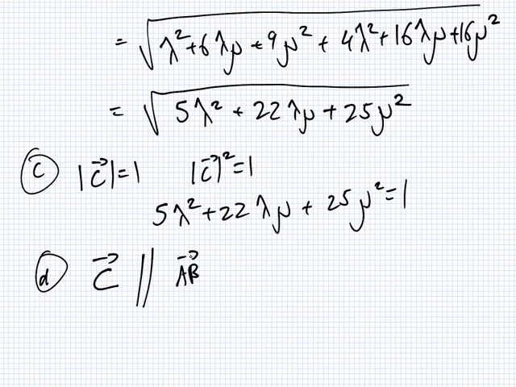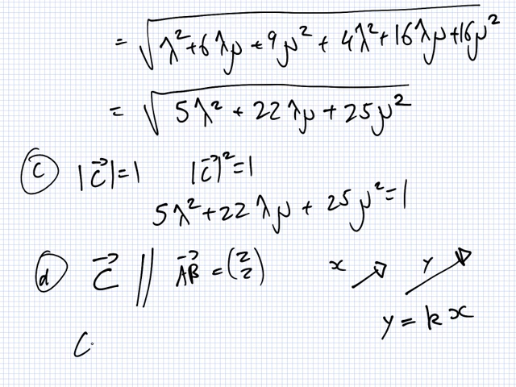When vectors are parallel, one vector should be some number multiplied by the other vector. The only difference is they're bigger or smaller.